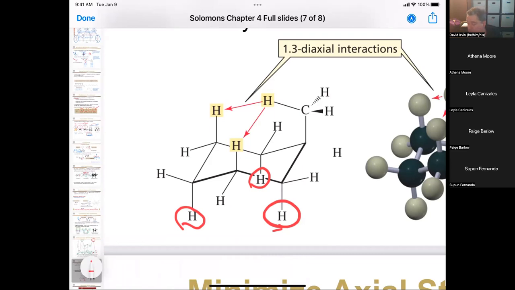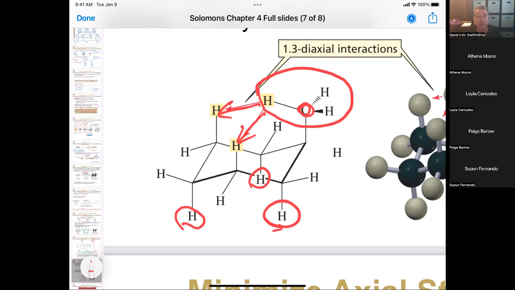They're small, but they can see each other with electron-electron repulsion. Now, when we put a substituent on here, the substituent is almost always larger than hydrogen. If it's larger than hydrogen, this electron cloud is bigger, it's going to start seeing the other hydrogen sooner, and therefore it's going to be less stable. Electron-electron repulsion makes it a higher energy conformation.